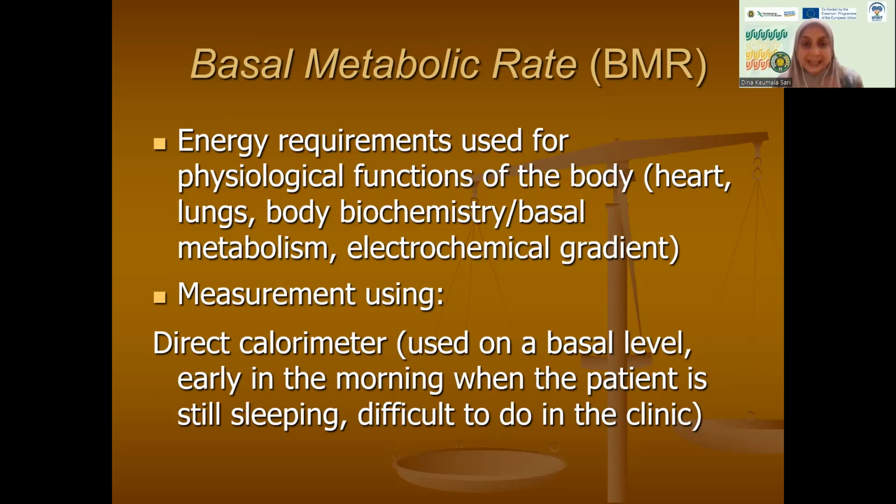It all needs energy. Usually, we use a direct calorimeter, measured at a basal level early in the morning when the patient is still sleeping. But the problem is that the direct calorimeter is difficult to use in the clinic. So we will use this calculation.